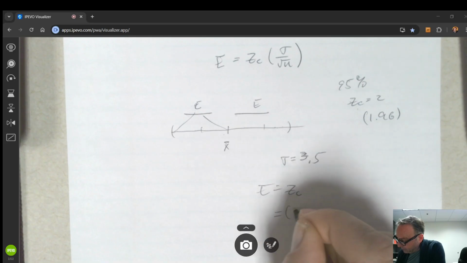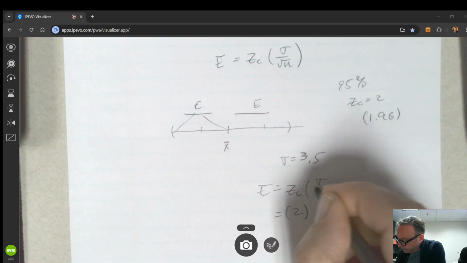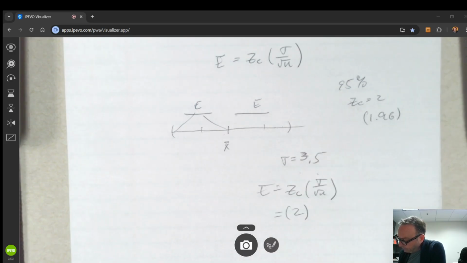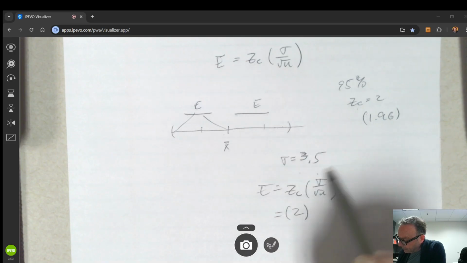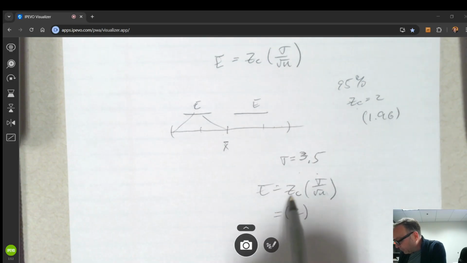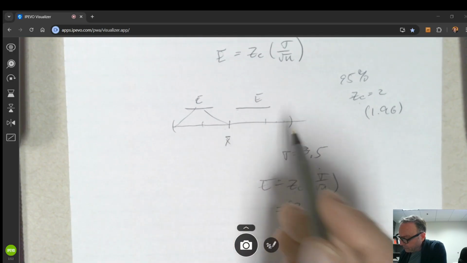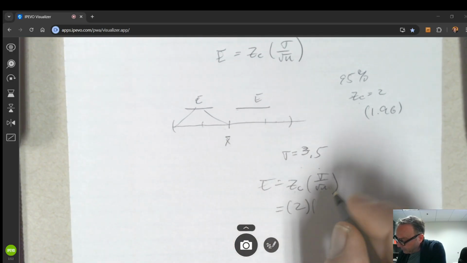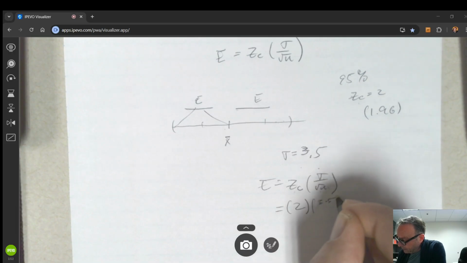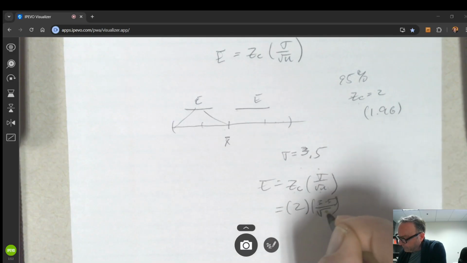So that's going to be 2 times the number of standard deviations times what that standard deviation actually is. And since we're talking about the sampling distribution, this is going to be 3.5 divided by the square root of n, and let's just say I had 50 people in my sample.